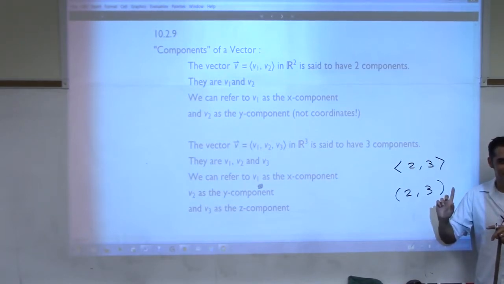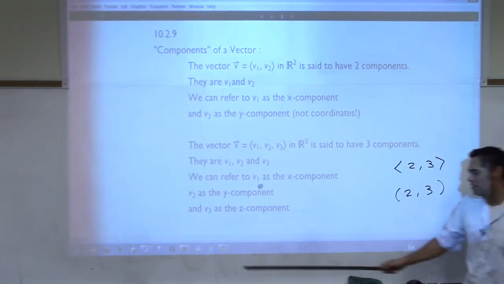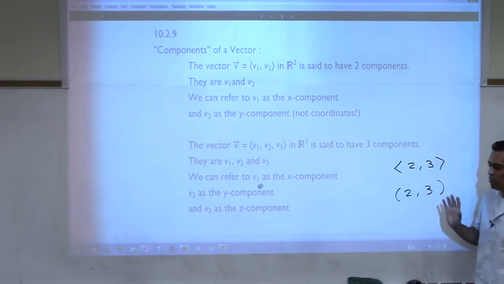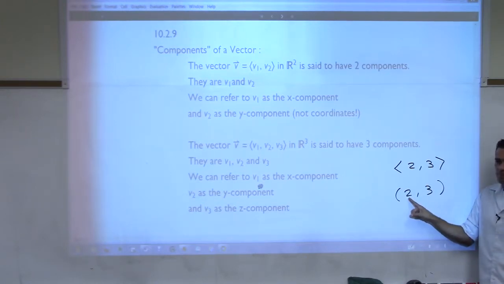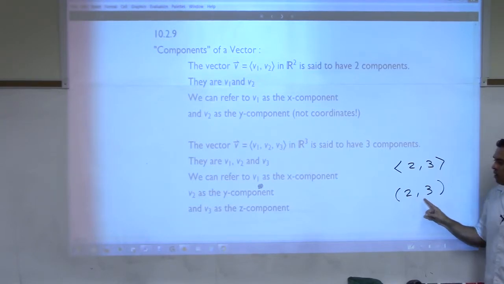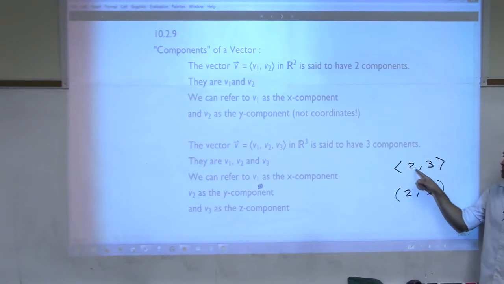We have poor notation in certain things, but so we don't confuse ourselves, this is a point unless I tell you otherwise, and this is a vector. They are not the same thing. We call this the x coordinate of the point, and this the y coordinate of the point. This we call the x component of the vector, and this the y component.